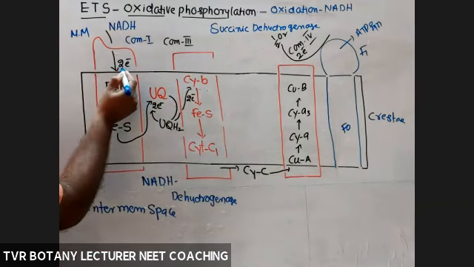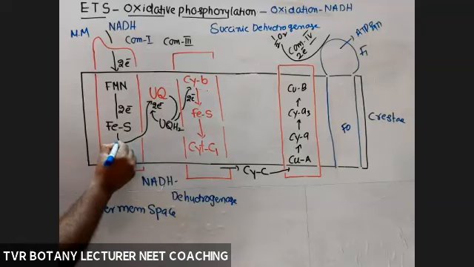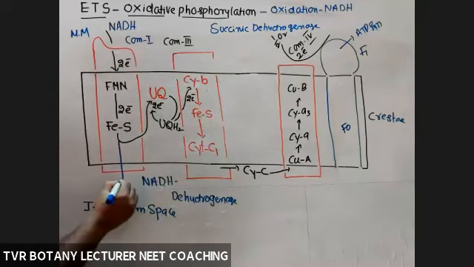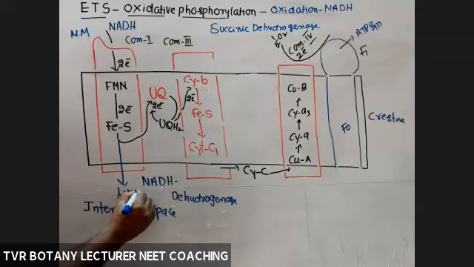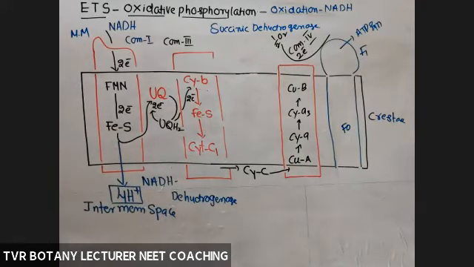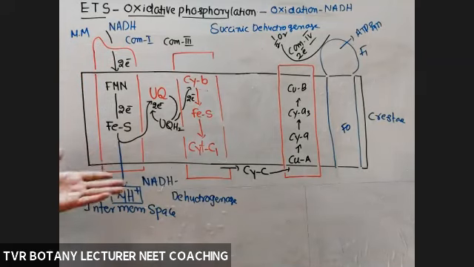So during oxidation of this one, the total number of H plus translocated from matrix to lumen is 4H plus. Simply follow this ratio: 1 electron, 2H plus. Second electron, 2H plus. In the textbook, 4H plus is given.